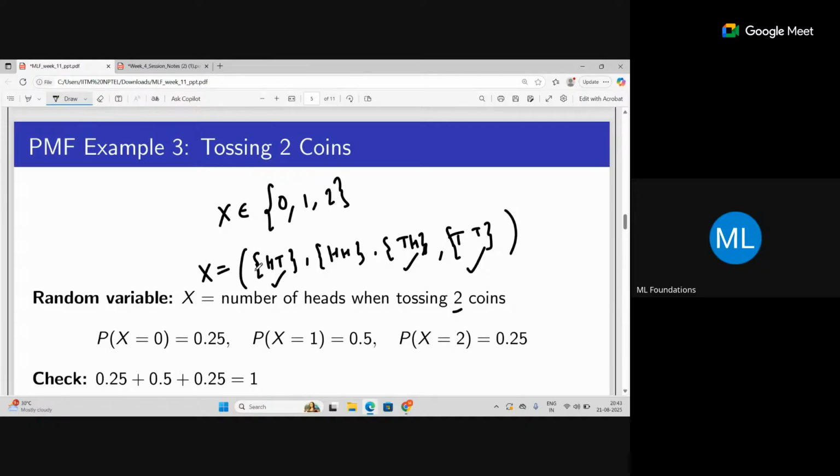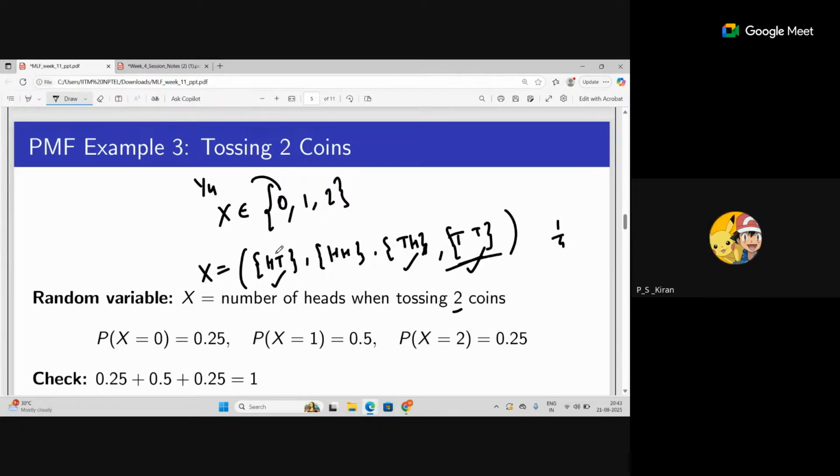Then if I wanted to find out the probabilities associated with it, if I say x equal to 0, which event is that? TT, this event, and its probability is 1 by 4. So the probability of x equal to 0 is 1 by 4. What about 1?